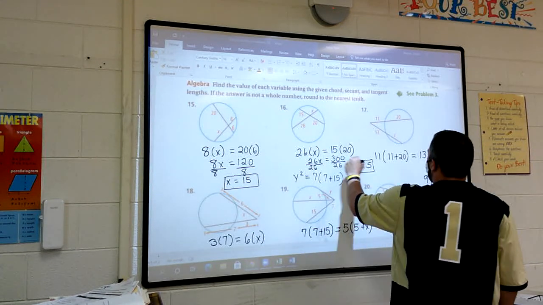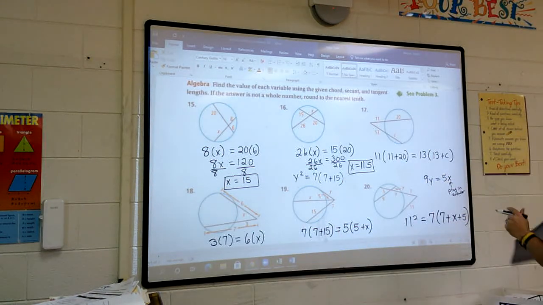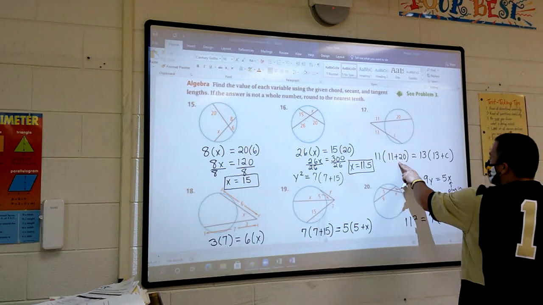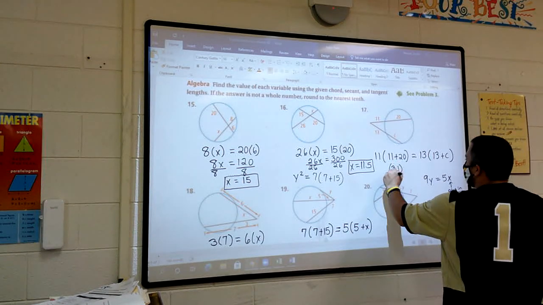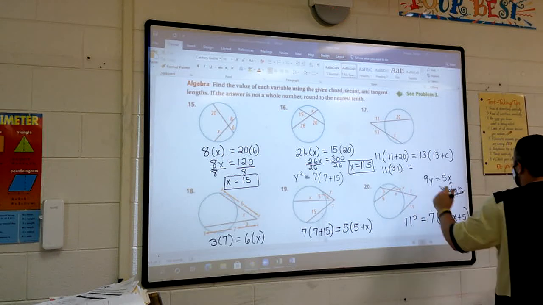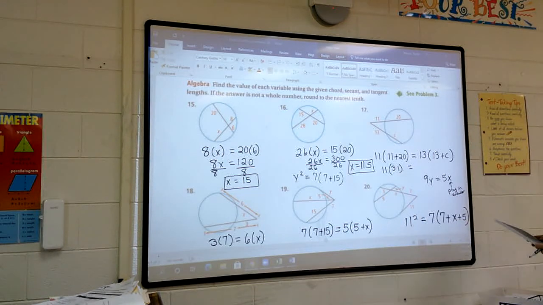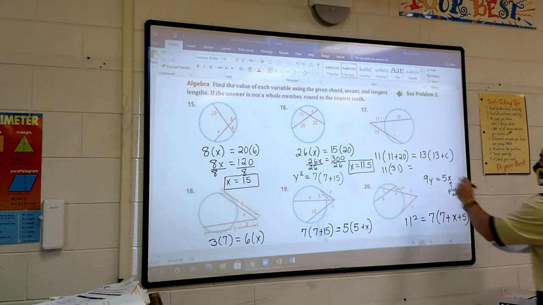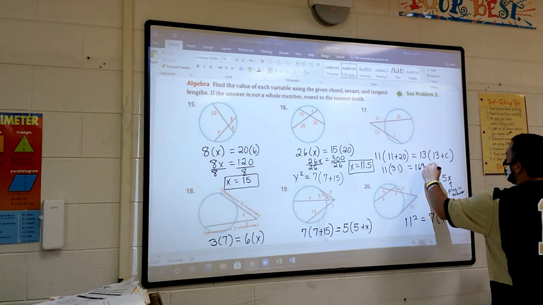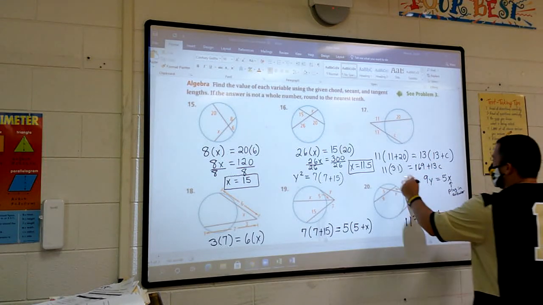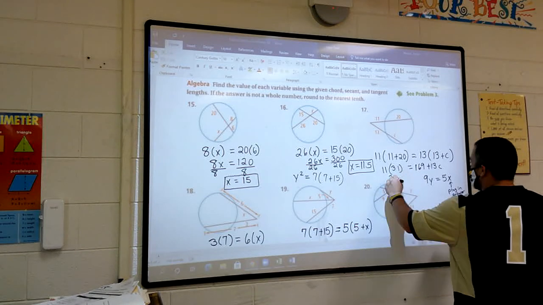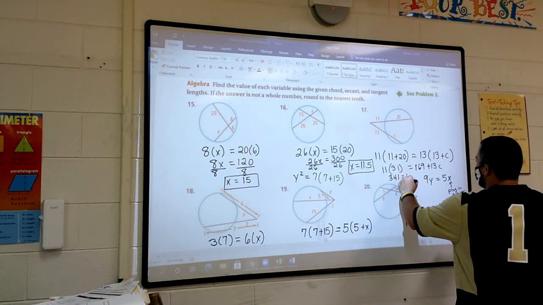Okay, over here in 17, say 11 plus 20, again, that's 31 times 11. This is 13 times 13 times 13 is 169 plus 13c. Okay, 11 times 31 gives us a big number here, 341 equals 169 plus 13c.